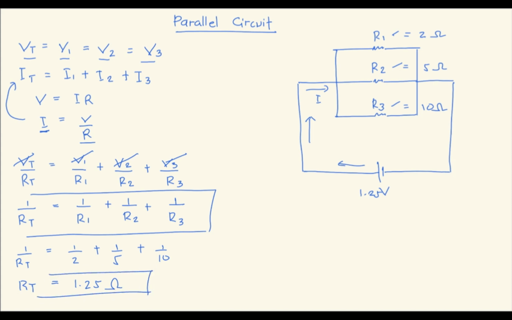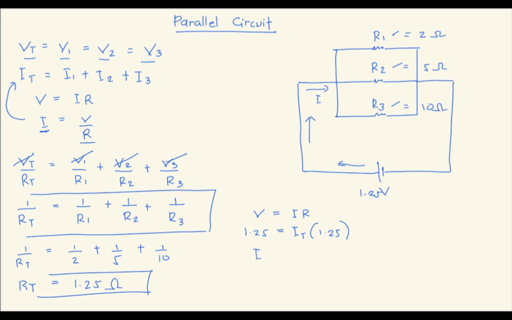And the current will be determined from Ohm's law. The total voltage, 1.25, is equal to the total current times the total resistance, which is 1.25 ohms.